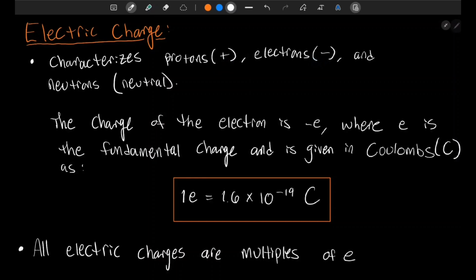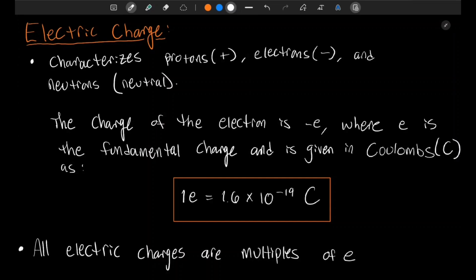But in keeping with this convention, we'll be calling protons particles that have a positive charge, and electrons those which have a negative charge. And neutrons, which we saw sat inside of a nucleus of an atom, are electrically neutral particles. So they have neither a positive nor a negative charge.